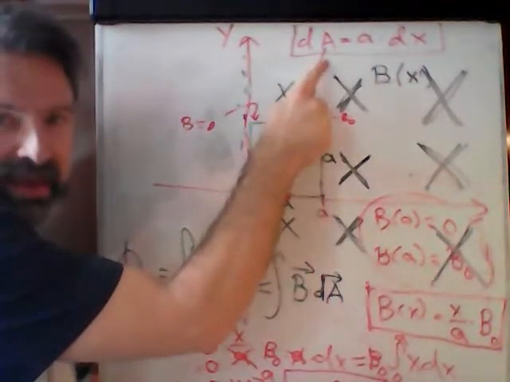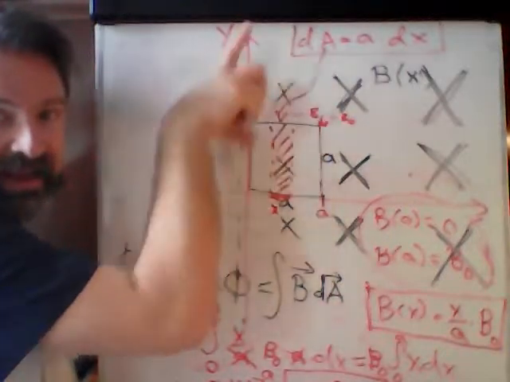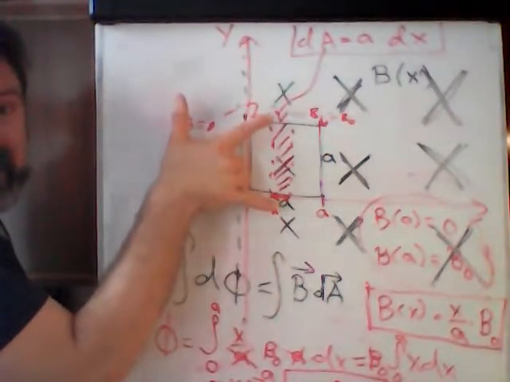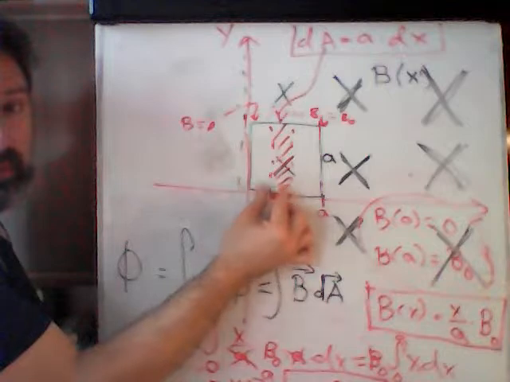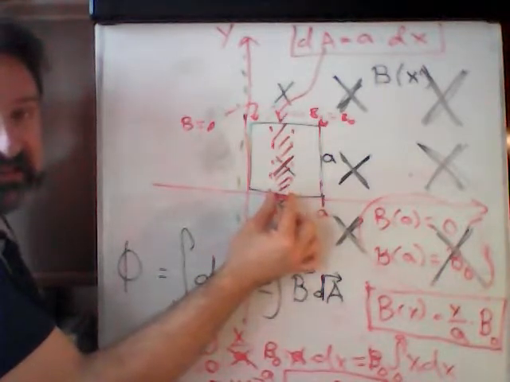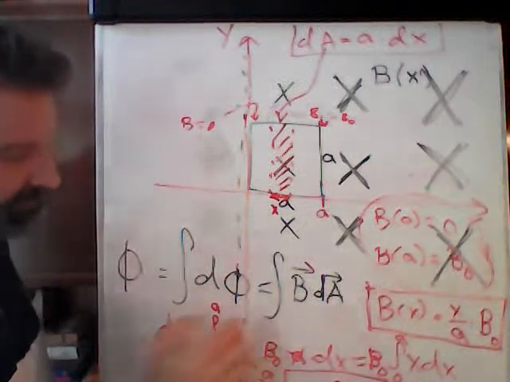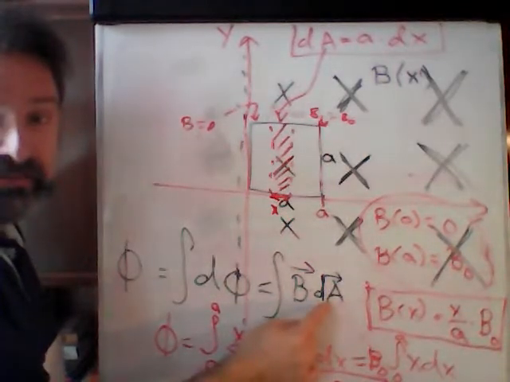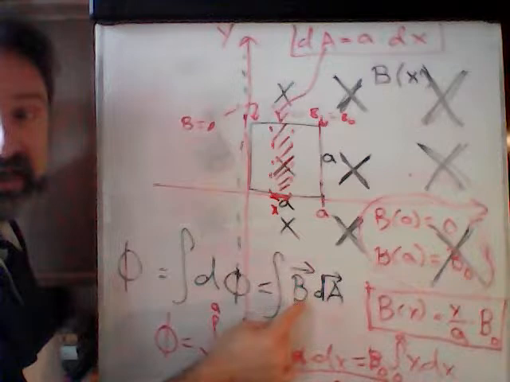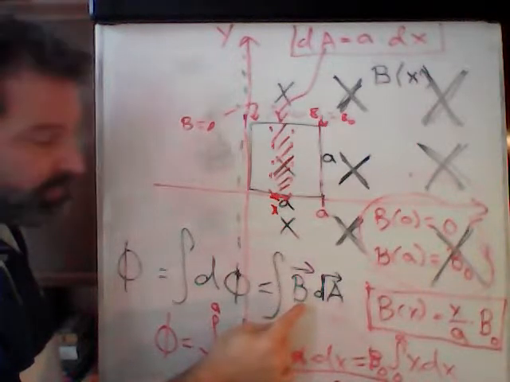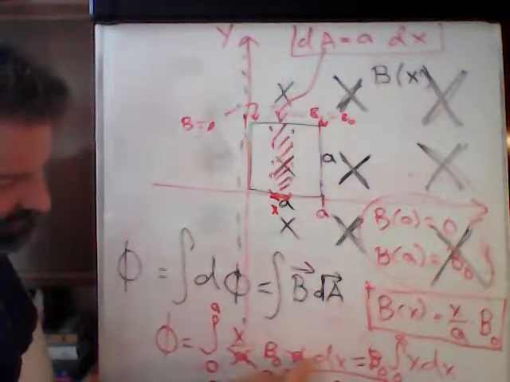The area of that little strip is the height a times the width dx. And then the flux would be that differential area times the magnetic field. So if we insert that equation in there, that's right there.